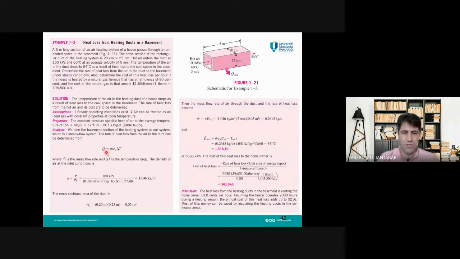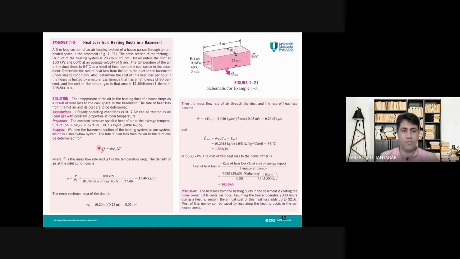So Q dot equals m dot Cp delta T. M dot is the mass flow rate, Cp is the specific heat at constant pressure for air, and delta T is the temperature difference between those two points for which we are going to calculate the transfer. Okay, let's go one by one.